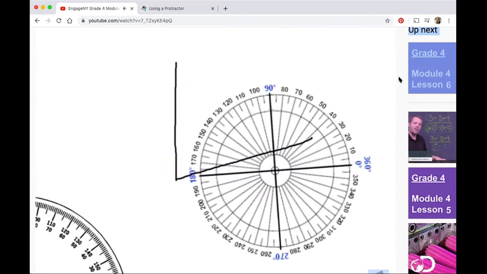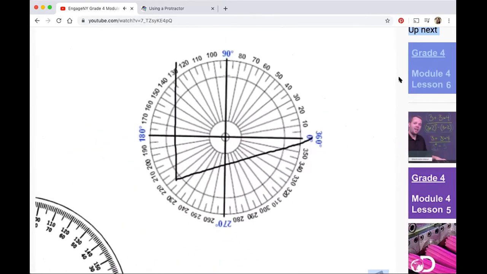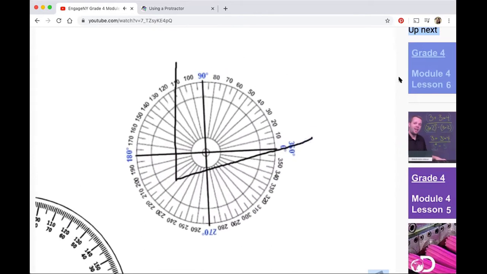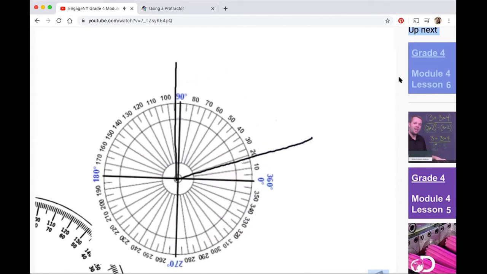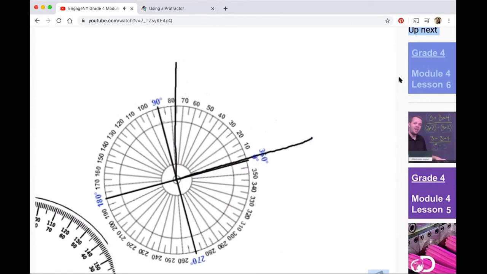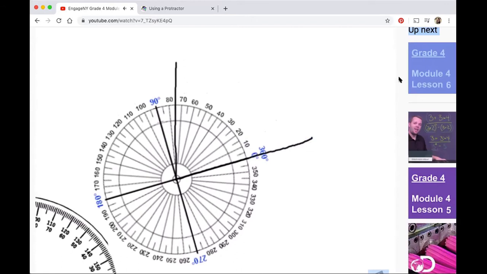All right, so let me get the circular protractor. The idea is you put the target right here on the vertex of the angle, on the corner of the angle. And then you rotate your protractor so that 0 lines up with one of the legs of the angle. Boom. Pretty close right there.